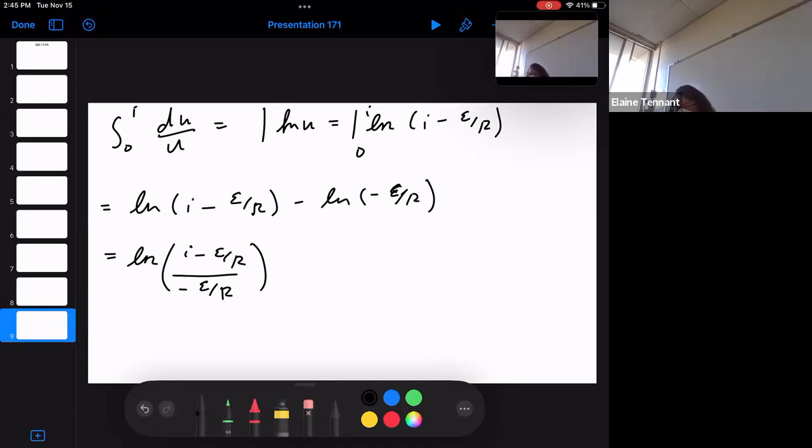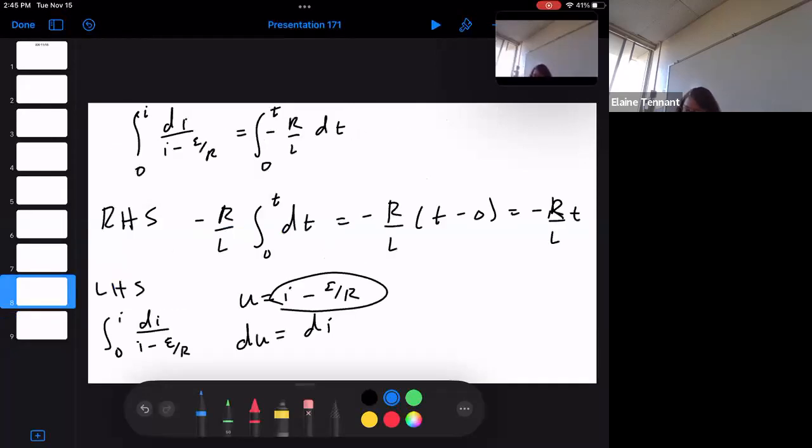I think I did. Yes, I did. Okay, so that's the left-hand side. So we will take this and set it equal to this. We'll solve and put I on one side and everything else on the other, and we'll have our equation.